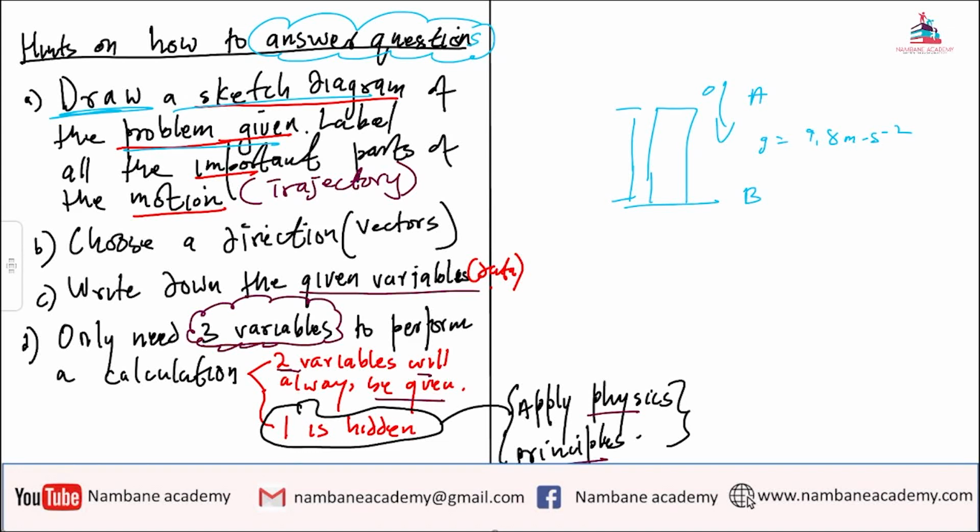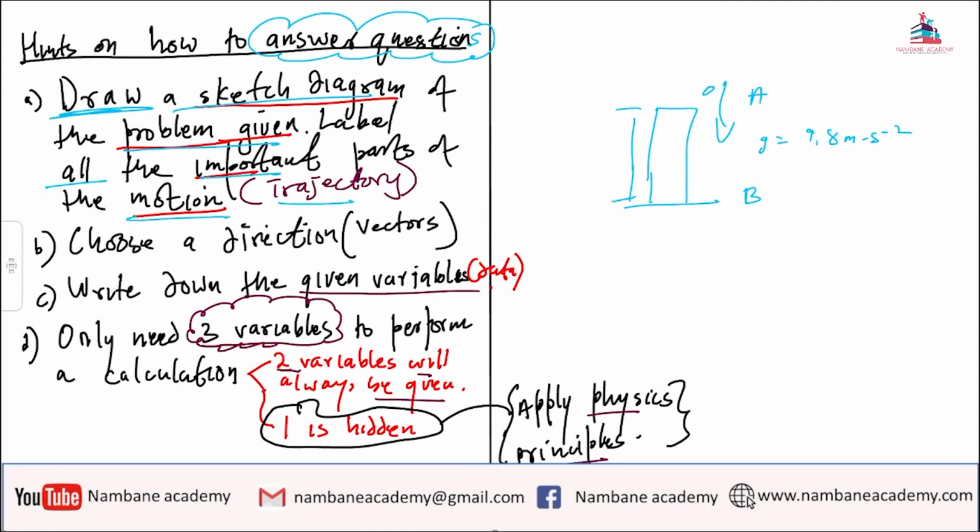Ladies and gentlemen, that path of the projectile, we call it a trajectory. So it says, draw a sketch diagram of the problem given. Label all the important parts of the motion.